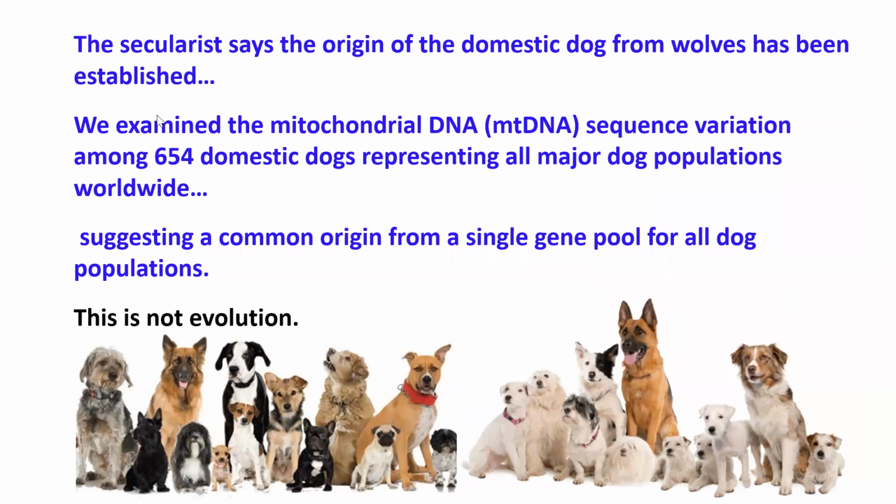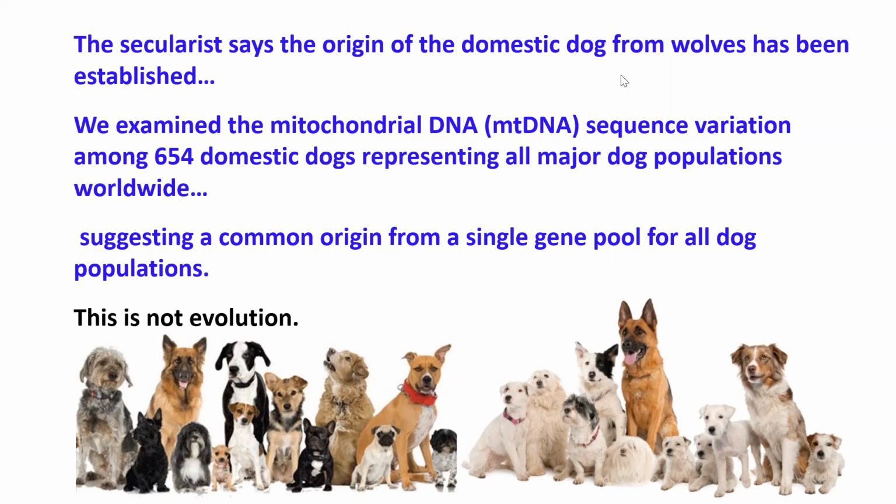So they examined the mitochondrial DNA sequence variation among 654 domestic dogs, representing all major dog populations worldwide, suggesting a common origin from a single gene pool for all dog populations.